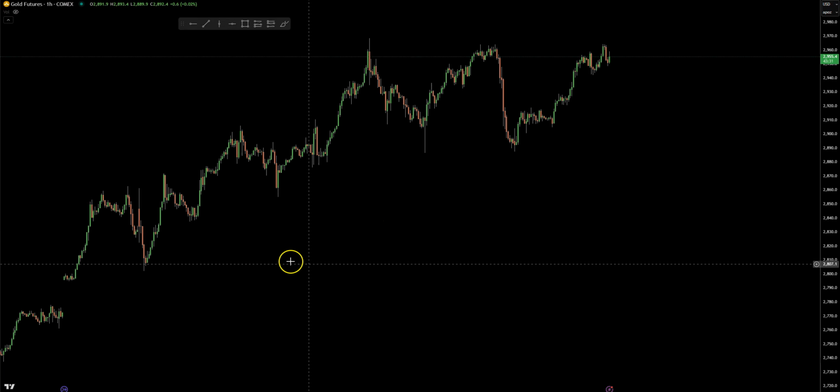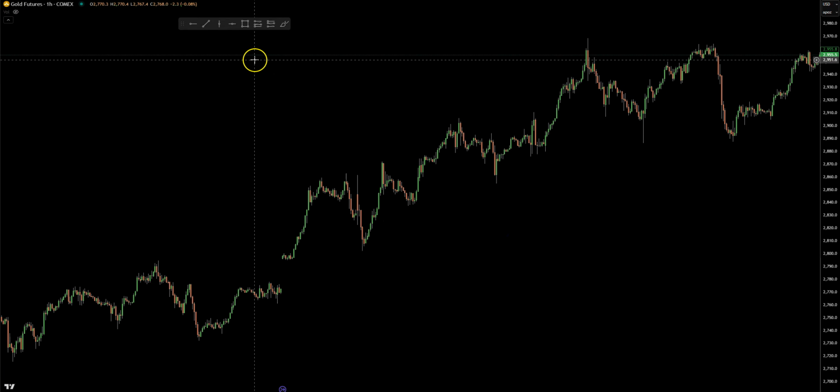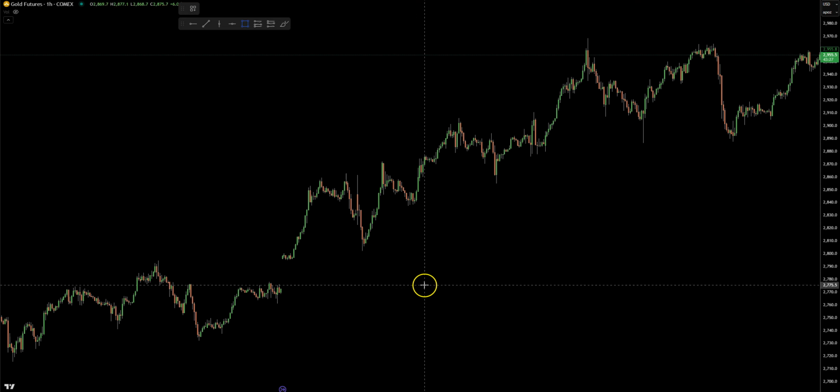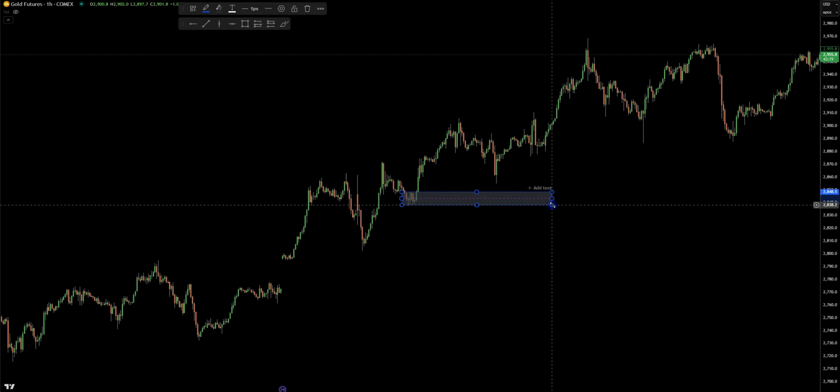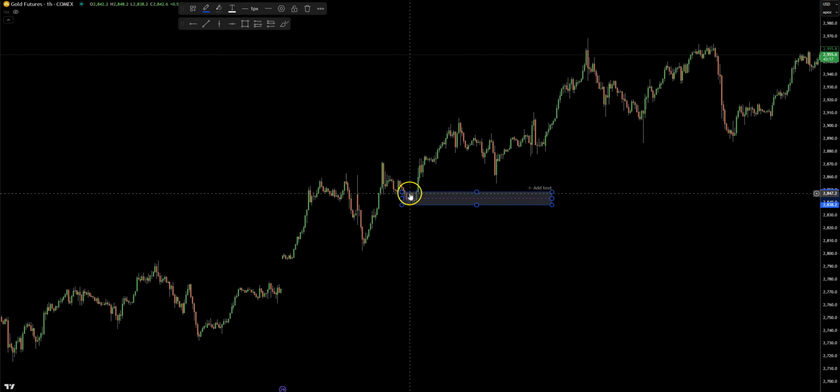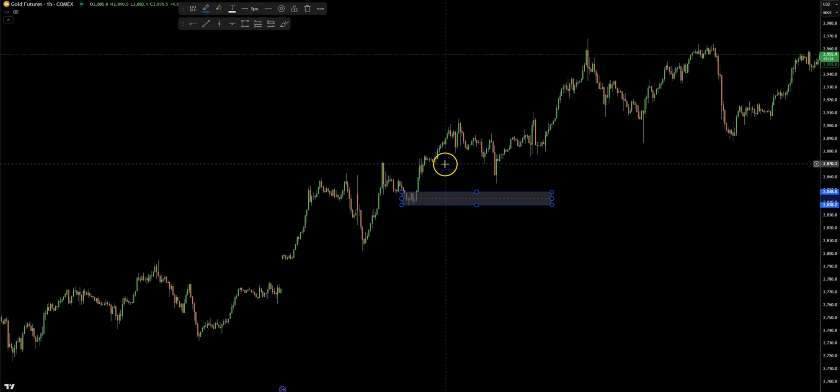All right, real quick. So last video we talked about drawing supply and demand zones, and that demand zones were at the bottom of price, supply zones were at the top of price, and basically it's where the move starts, right? So this little move, you get this little consolidation period, nice move.